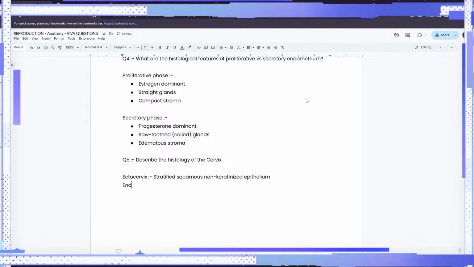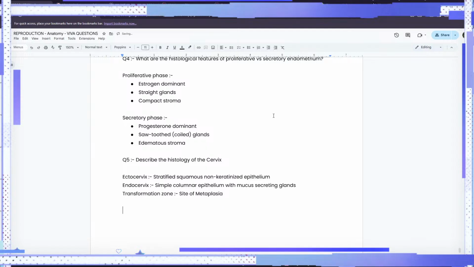You have the endocervix, which is simple columnar epithelium with mucus-secreting glands. And then of course the transition site, which is common for cervical cancer. It is the transformation zone, the site of metaplasia. That's basically all you need to know.